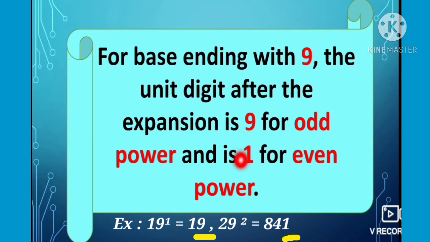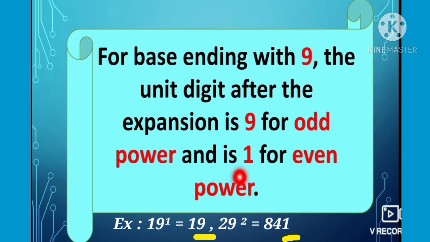For example, if we take 9 square, here 2 is even power. That is, the number 9 is multiplied by itself 2 times. That is 9 into 9. 9 into 9 is 81. See the unit digit? Yes. In 81, the unit digit is 1.